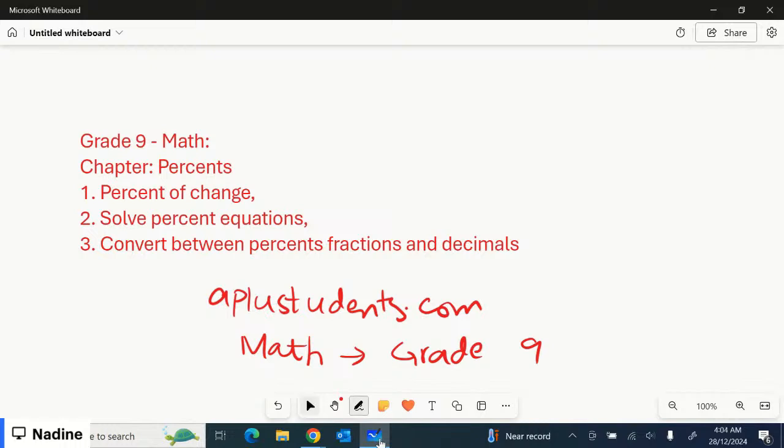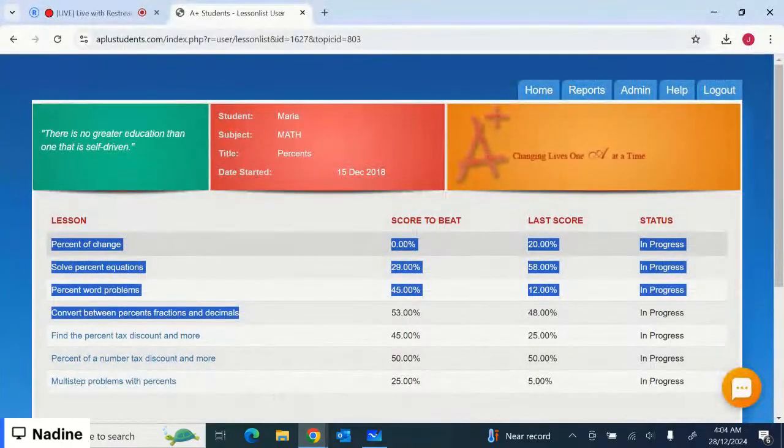So please make sure you have your notebook and pencil so that you can note down the important examples and definitions as well. Here I am on grade 9 math.